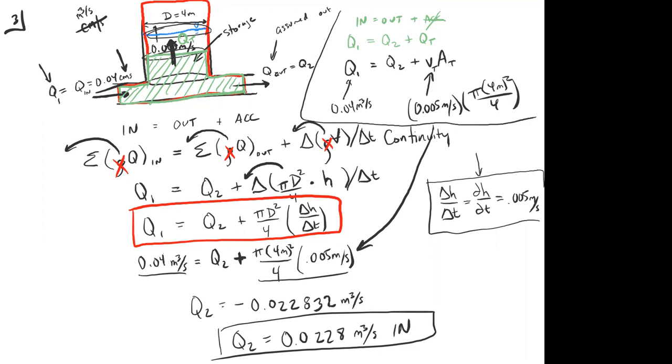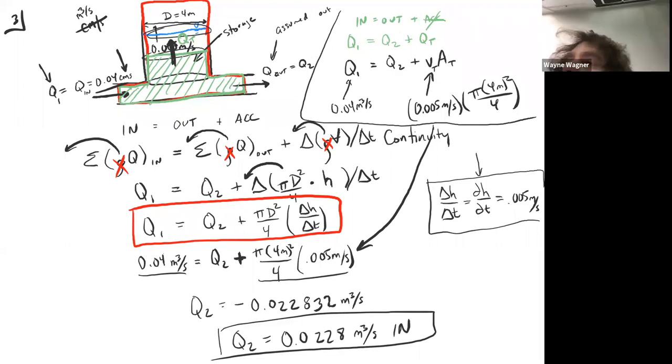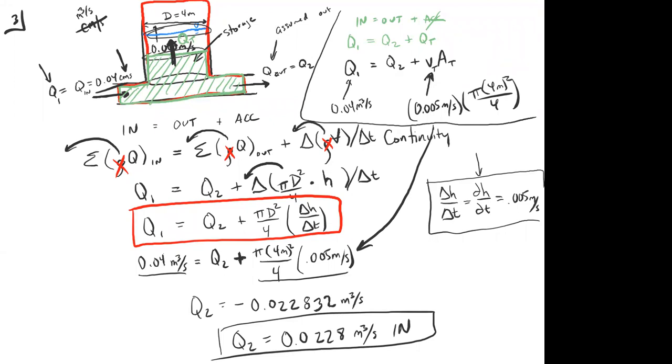If I know the V2 was 0.05, I know how to find the Q2, but I didn't know that was supposed to be the V tank like you just did. Mm-hmm. Okay, does it make sense now? Oh no, I'm good now. Okay, good. All right, cool.